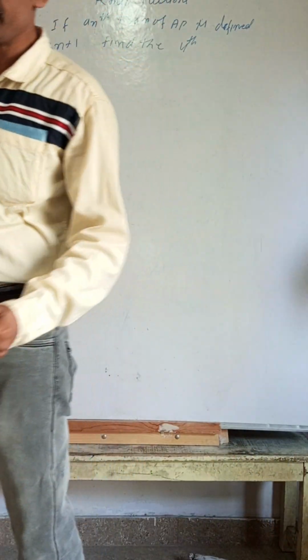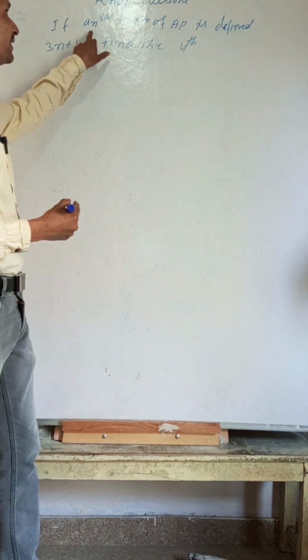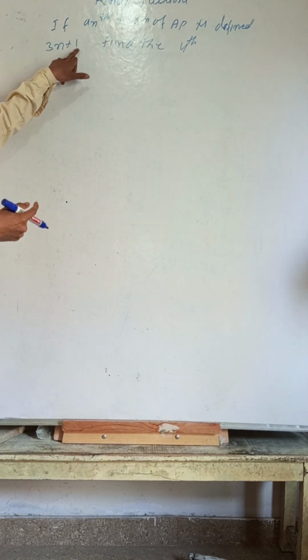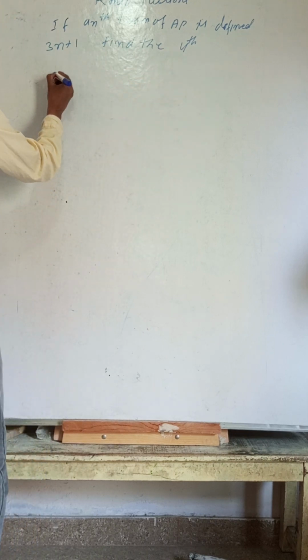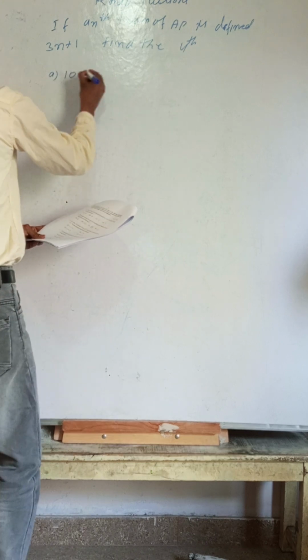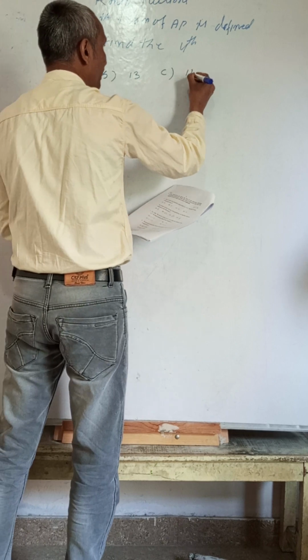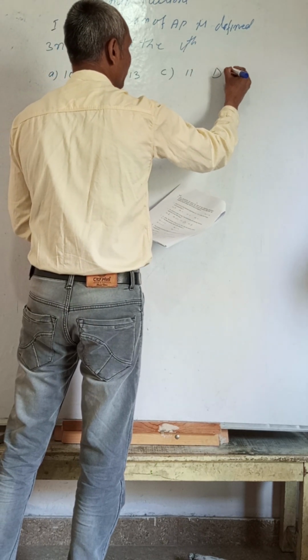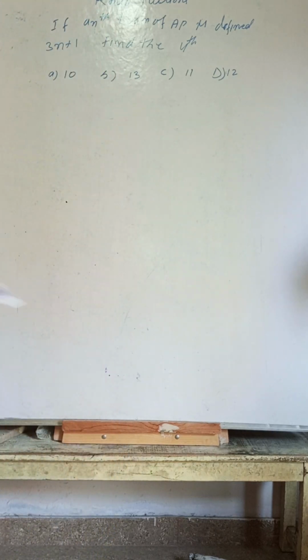It is saying that one AP is there, and that AP's nth term is defined as 3n plus 1. Then find the fourth term. Options given here: option A is 10, option B is 13, option C is 11, and option D is 12. We are going to find the fourth term.